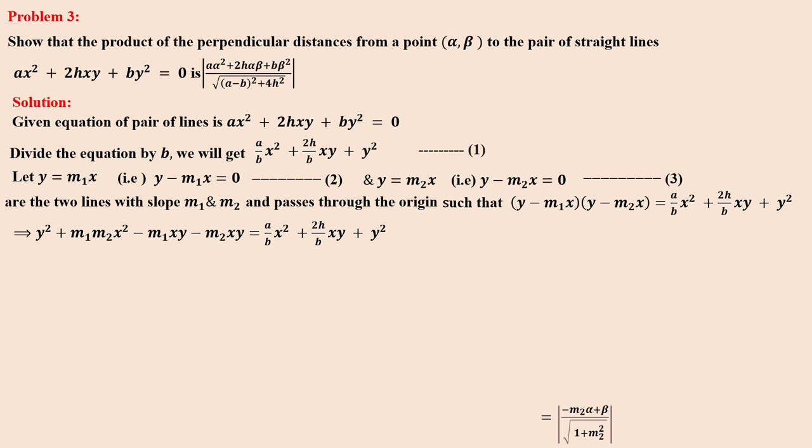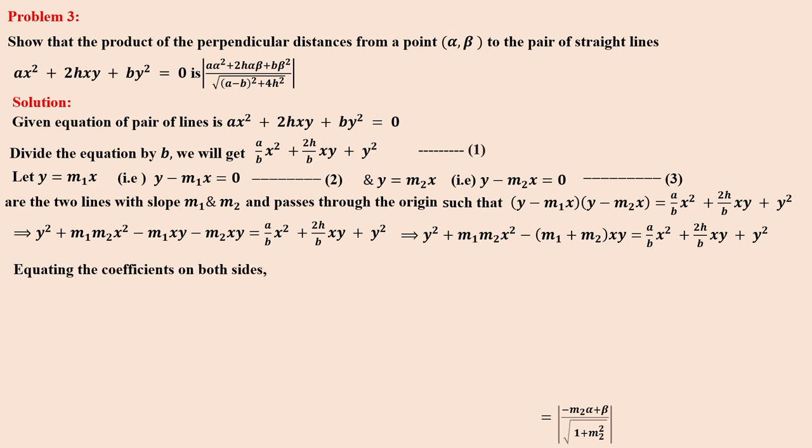We are grouping the terms: the y² term is separate, the m1m2x² term is separate, and −(m1 + m2)xy is common, taken outside, on the left hand side. The right hand side is as it is, (a/b)x² + (2h/b)xy + y².